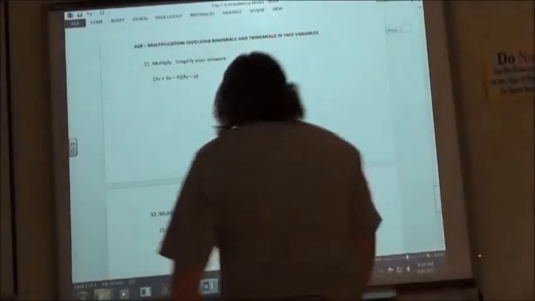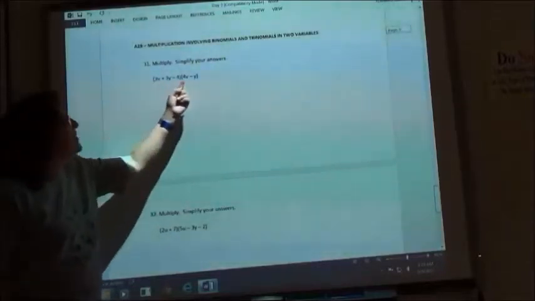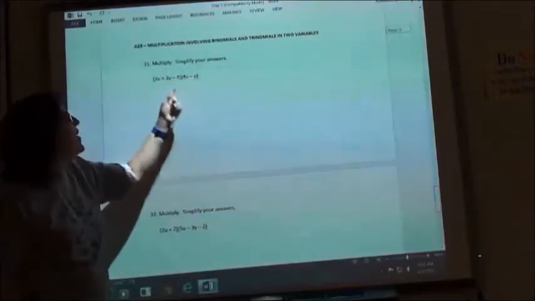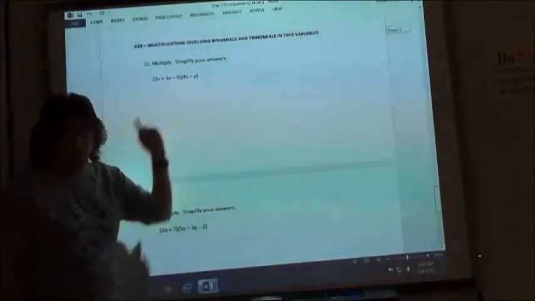Multiplication involving binomials and trinomials in two variables. Basically, it's the same kind of thing we're doing. We end up taking the 3v times both terms in this set of parentheses, the 3y times both of them, and the negative 4 times both of them.